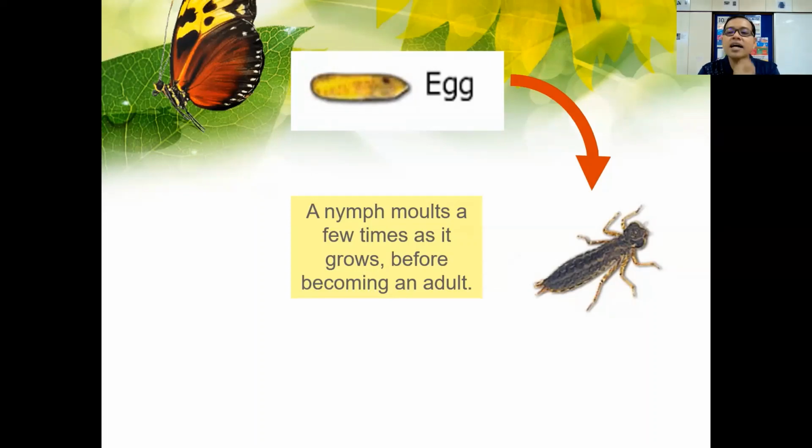Bottom line, it is hard. And because it is hard, as the insect grows bigger and longer, the hard outer covering cannot fit it anymore. Therefore, the insect will shed its hard outer covering. And then the new skin underneath will develop into a new hard outer covering for the new size of the insect. Okay, this process is called molting.